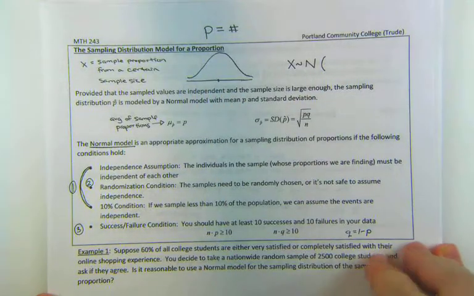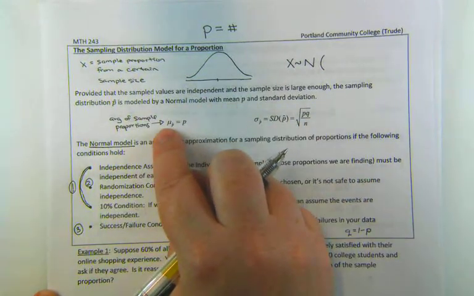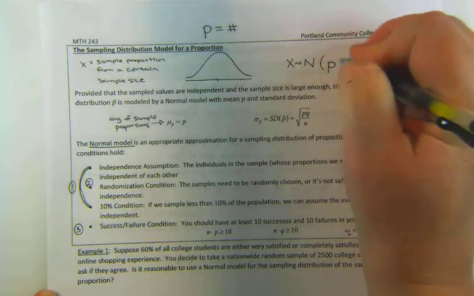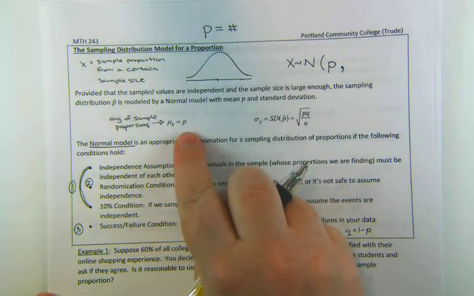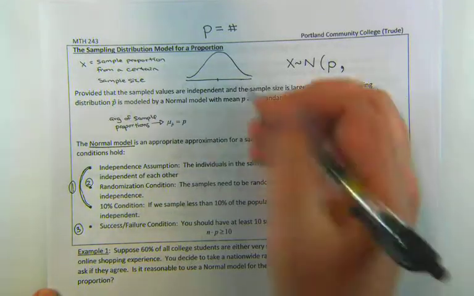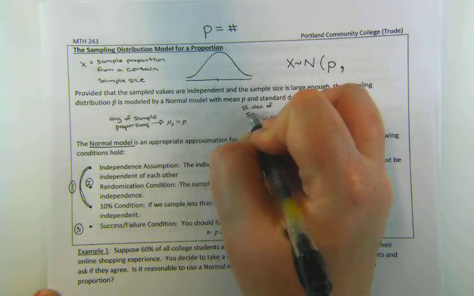When we start building these sampling distributions, they're going to tell us some assumed population proportion. Like rolling a die, we knew it was 1/6. In other cases, they'll just tell us what they expect. So for us, you just take whatever value is given, and that's our population proportion, and that's our mean. That's the center of our graph. So with that, you're just copying down what they give to you.